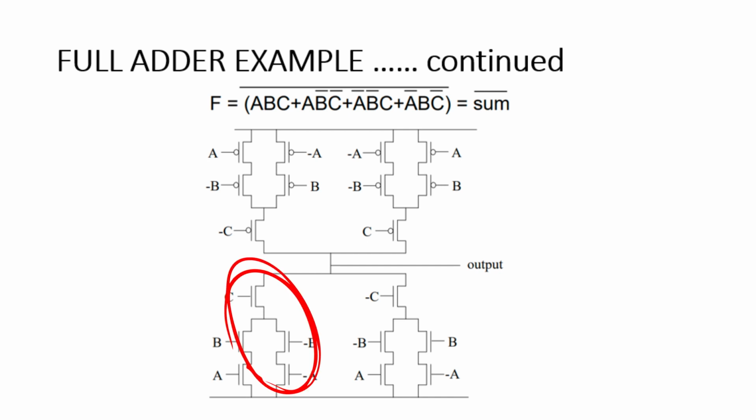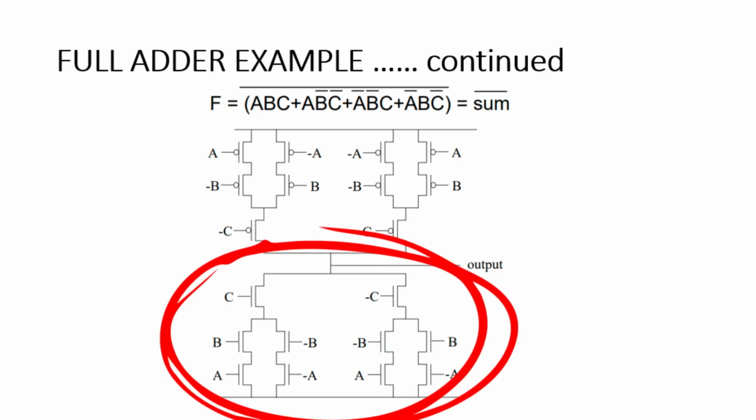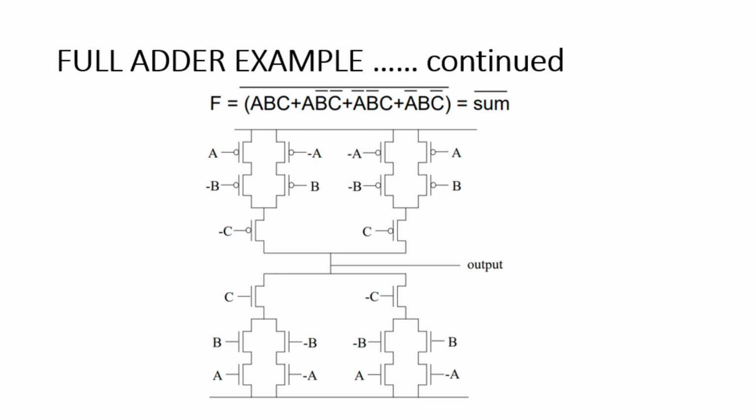These negative signs are actually not negative, these are actually bars. The last term is A bar dot B dot C bar, which is represented here. And all of these are combined in parallel, like so. You can see that we have reduced our number of transistors in this way.